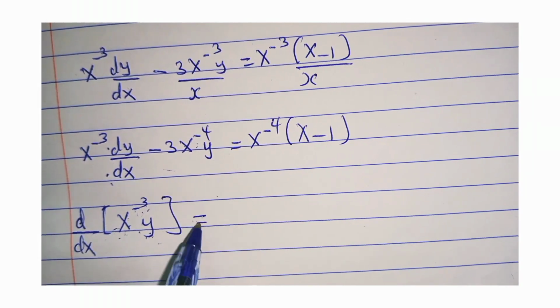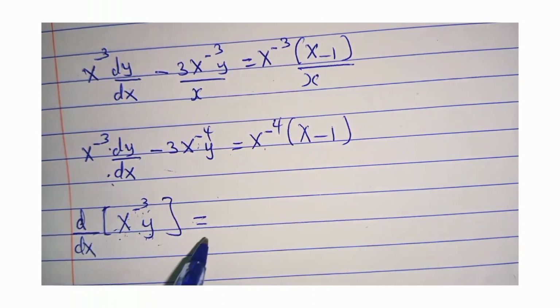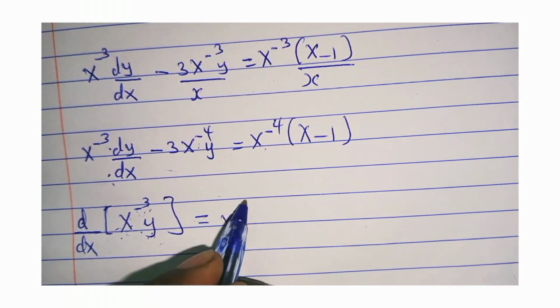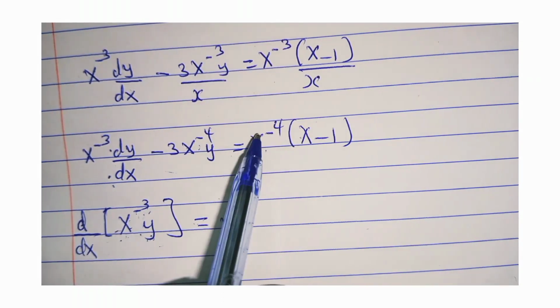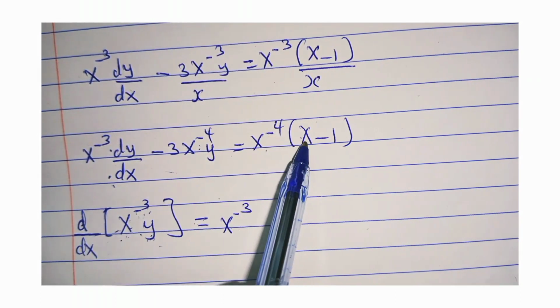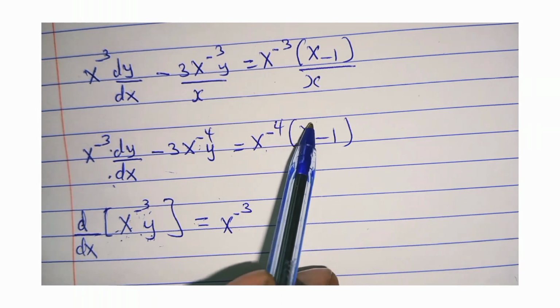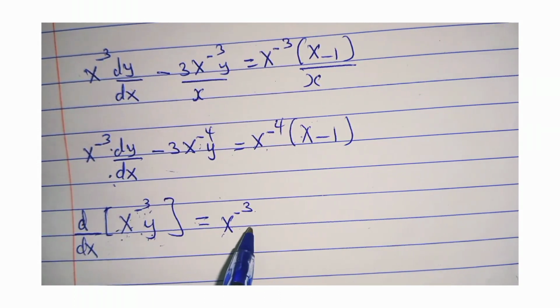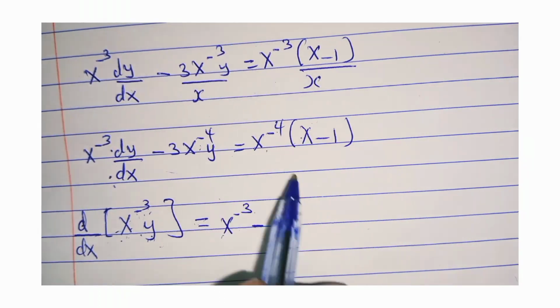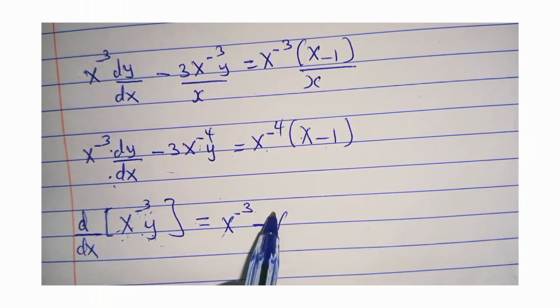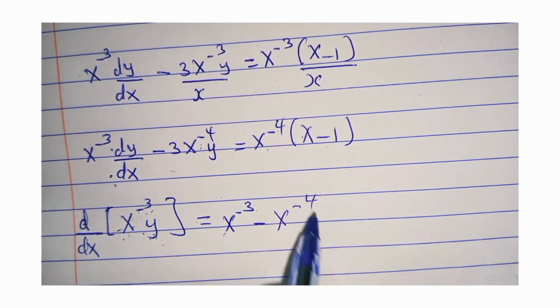So this is equal to, you can distribute this x to the power negative 3 by the laws of indices. Here you have x to the power 1 plus x to the power negative 4 multiplying by x to the power 1, it will give you x to the power negative 3. x to the power negative 4 times 1 will give you x to the power negative 4.